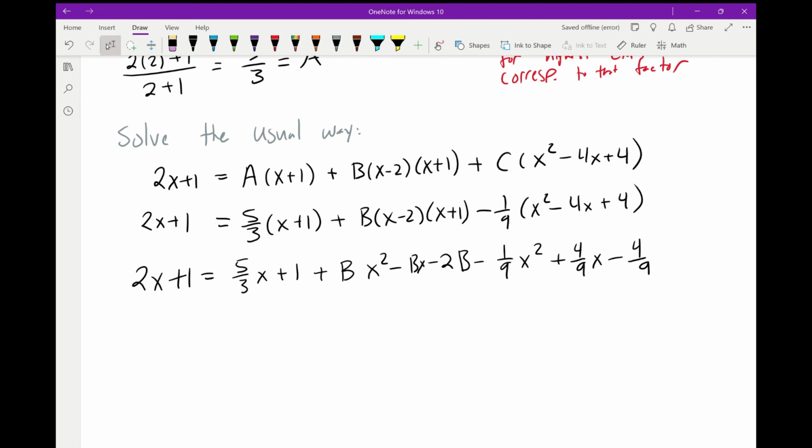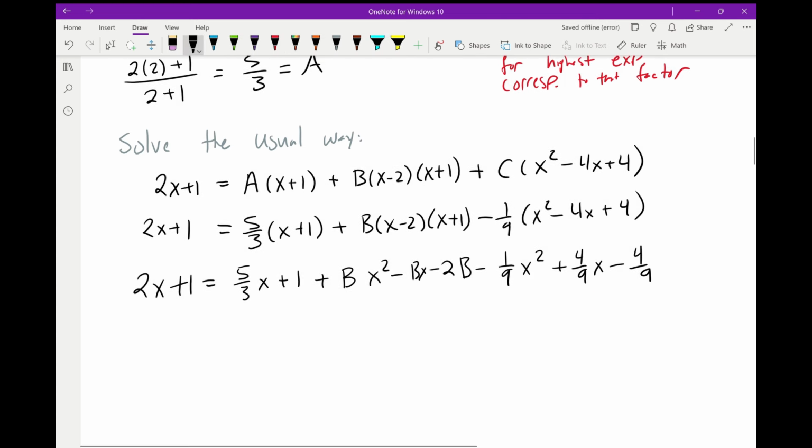Okay, cool. And now the interesting thing to note here is that there's actually kind of two ways we can solve for B here. The thing is, we have a polynomial on this side, and we have a polynomial on this side, and so if they're equal, their terms should match.